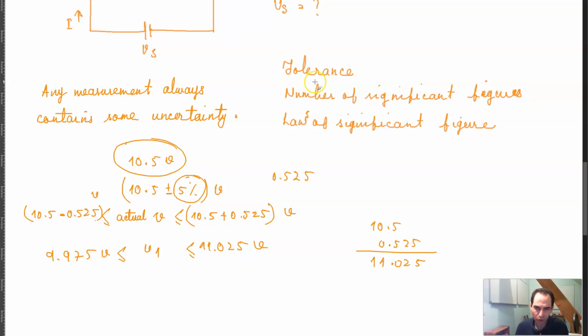Which means that a 10 ohm resistor with 5% tolerance could be about 0.5 ohm less or more than 10 ohm.